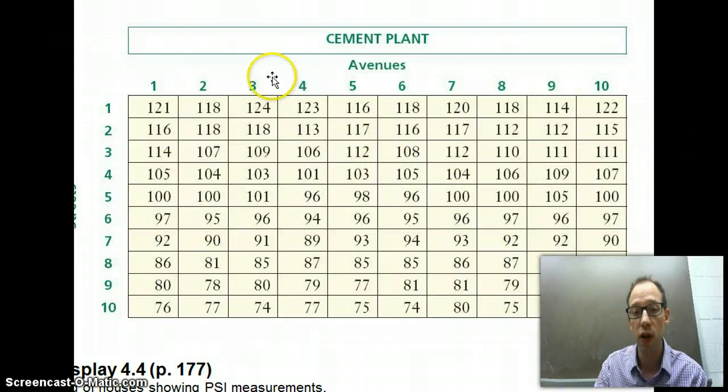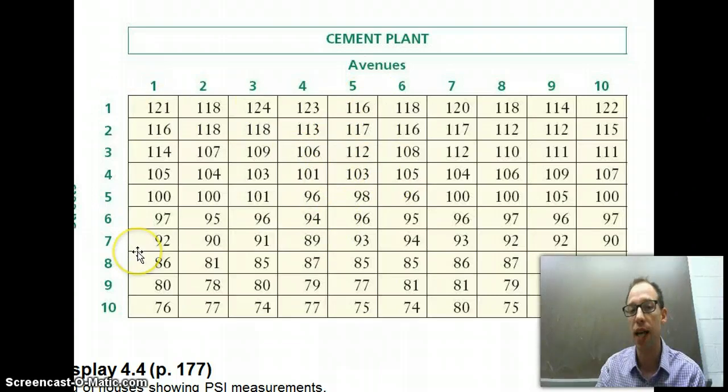Or we could do a stratified random sample where we say, okay, first we're going to divide it into these columns. Once we do that, we're just going to choose 1 from every column. So notice we could not get this 97 and this 92 like we could in a simple random sample. We're forcing ourselves to just get 1 in each of these columns. Similarly, we could go by the rows, just get 1 per row.